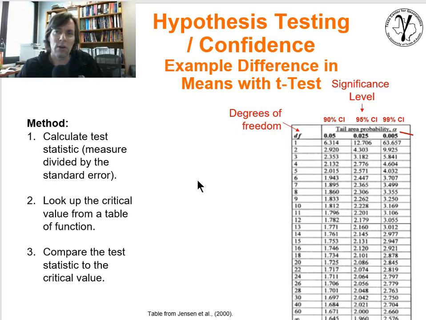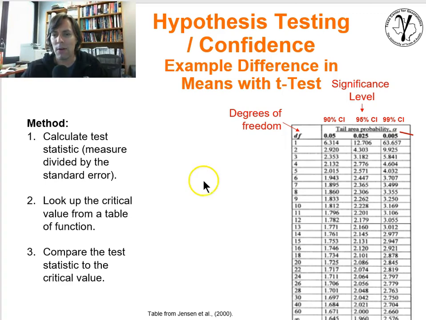By dividing by standard error, you're getting your test statistic into the same distribution so that you can compare it to the standard distribution that you'd expect for that sampling problem.